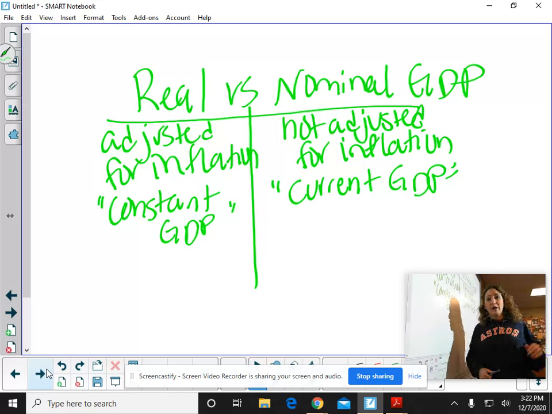We're going to keep all prices the same for the last, let's say, 50 years. And we're just going to measure, well, how much money would we have made just by selling more quantity, not because the prices have gone up, but because we are actually selling more. And so that's why it's constant, because we're pretending prices have remained constant this whole time. While nominal is not adjusted for inflation because it's using the current price of the time.